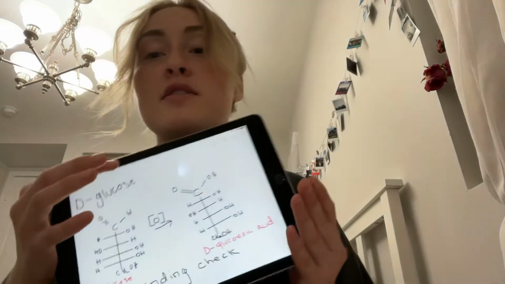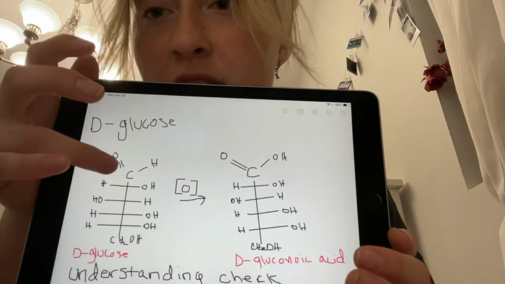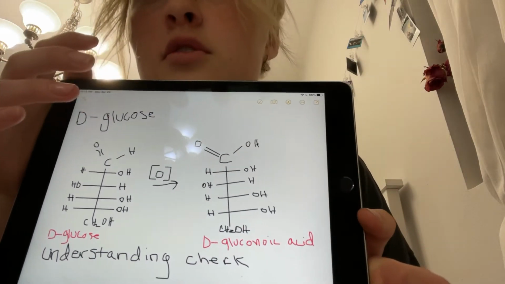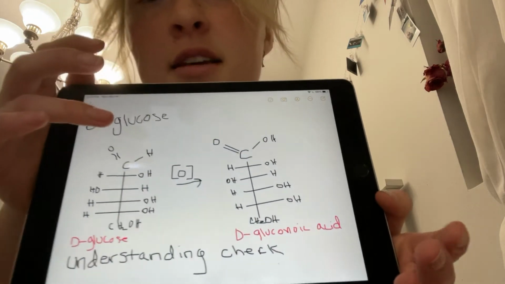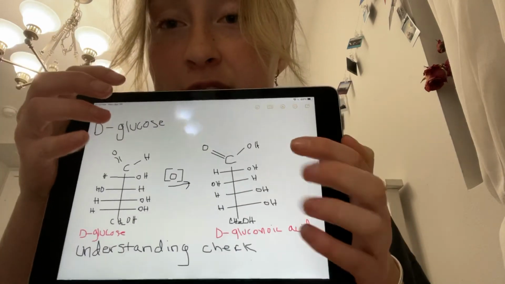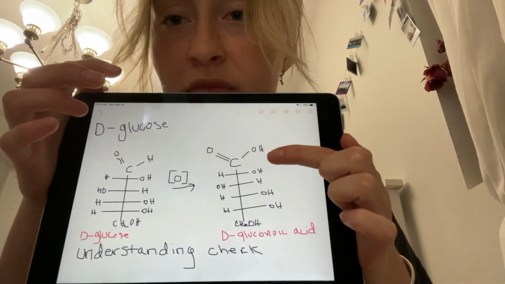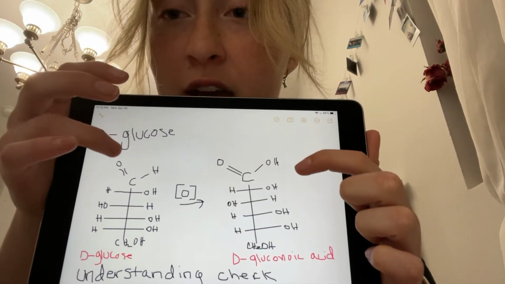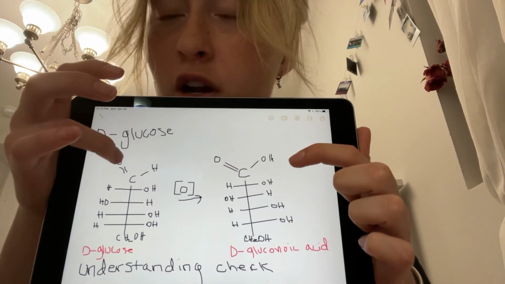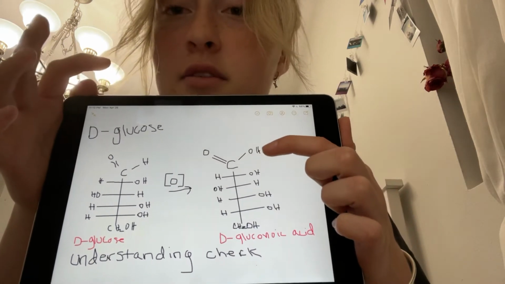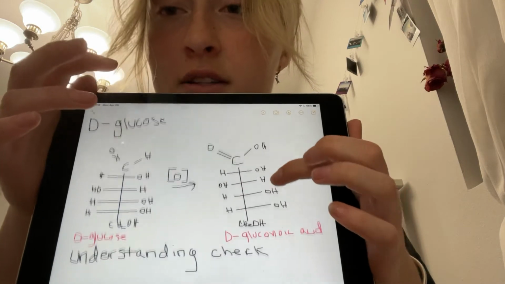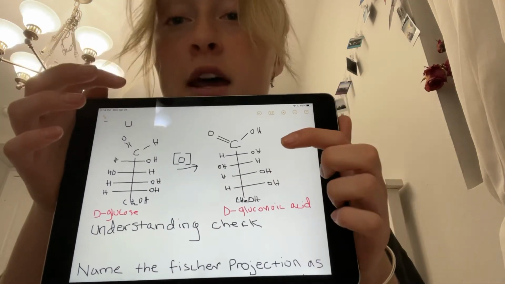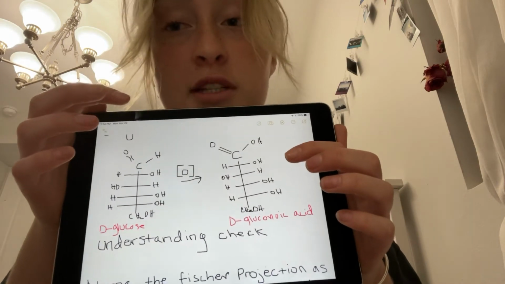As you can see here, this little O in the box, from D-glucose to D-gluconic acid, is that it now has an extra oxygen. Instead of having just one oxygen group, it has now another one. And because it's an acid, you have to change the ending to oic and also add acid. It's not just D-glucose anymore.